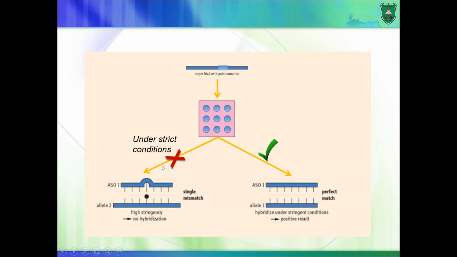Now under certain conditions, if I, for example, lower the temperature, if I use a probe that contains a lot of G's and C's, if I play around with the ionic strength of the solution, then I can allow this to happen. But in my case, in the technique that I'll talk about, I prevent this hybridization from taking place between the probe and the large DNA sample.